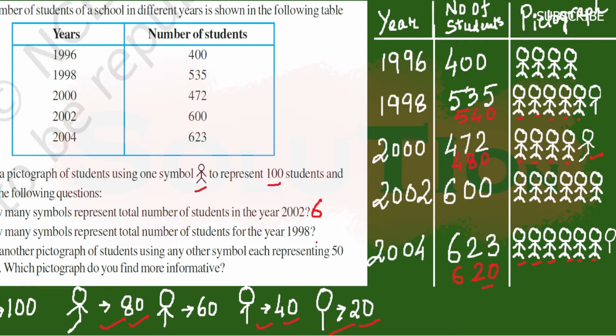So to represent 40 we need 2 body parts. Total body parts is 5, out of which 2 parts will represent our 40.